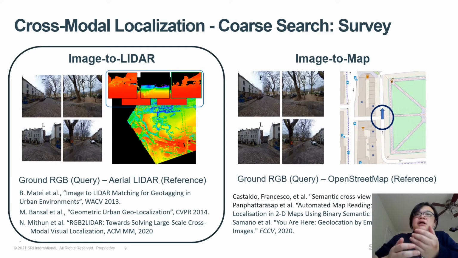The idea for image to LiDAR cross-modal localization is that if we use a low-cost camera sensor to get a query image and match it to the accurate 3D LiDAR database for localization, it becomes a very appealing solution for accurate localization applications. So we will start to give an overview of this area.